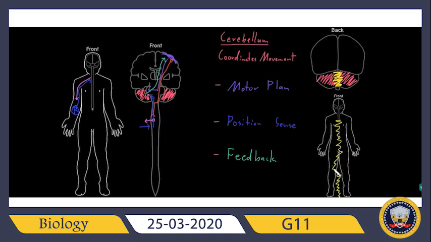So the muscles of the trunk and the legs involved in walking get a lot of coordination from the middle of the cerebellum, while the part of the cerebellum farther over to the side of the cerebellar hemisphere is more involved in coordinating movements of the limbs. So coordinating movements of the arms and the legs when they're being used individually involves a lot of activity of the cerebellum over on the side here.